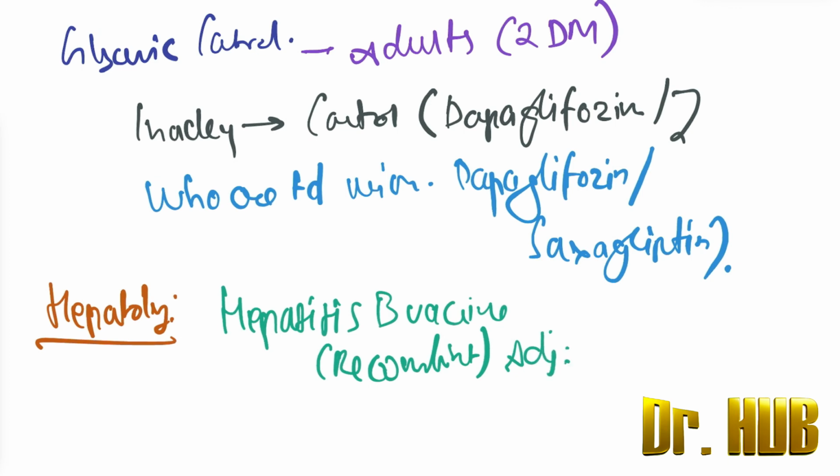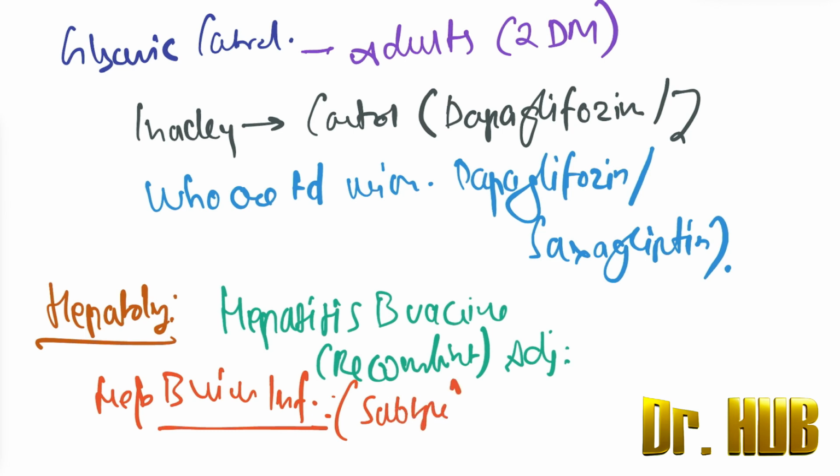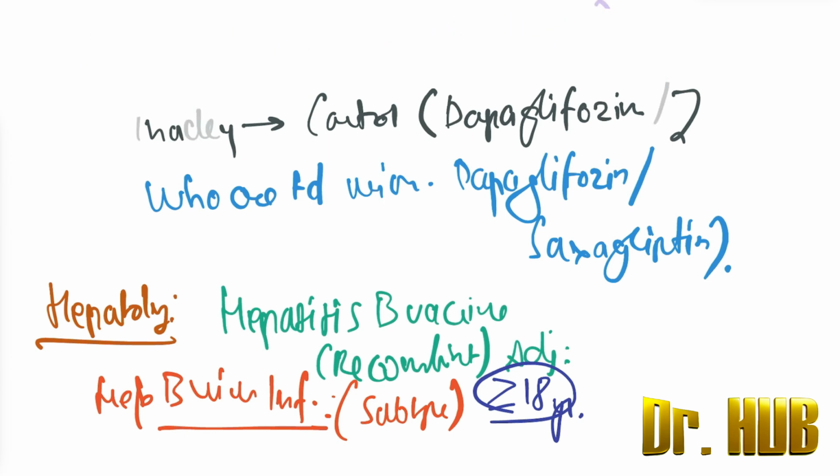It is indicated for the prevention of infection caused by all subtypes of hepatitis B virus, and it is also approved for use in adults 18 years or older, that is greater than or equal to 18 years of age.